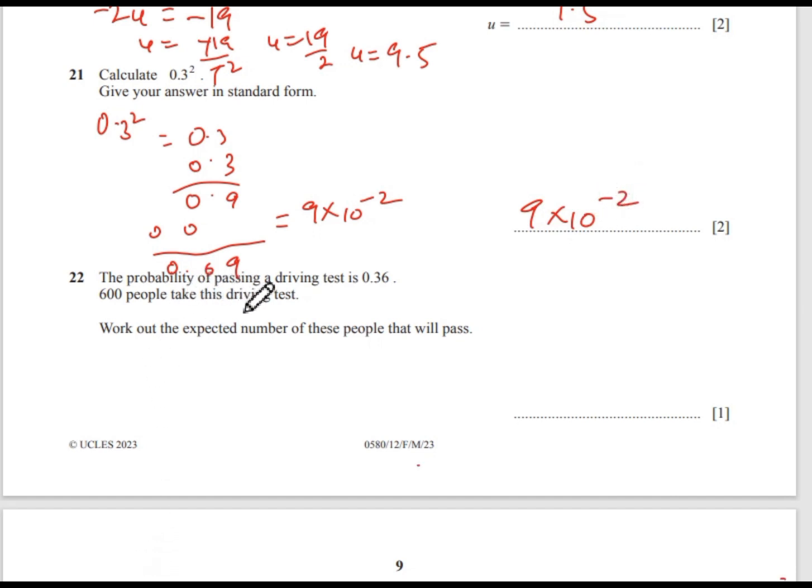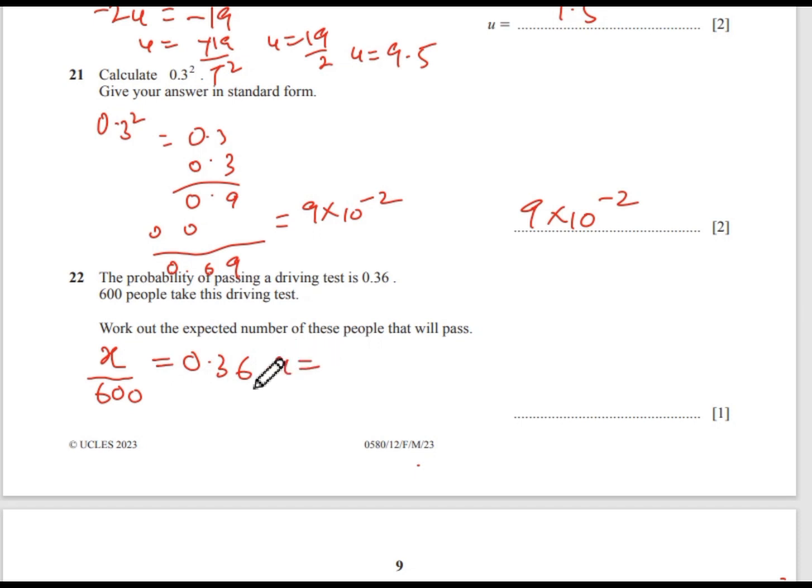Look at this. The probability of passing the driving test is 0.36. That's question number 22. 600 people take this driving test. Work out the expected number of these people that will pass. The probability is the number of people that will pass, let's call it X, divided by the total number of people that sat the test, equal to 0.36.